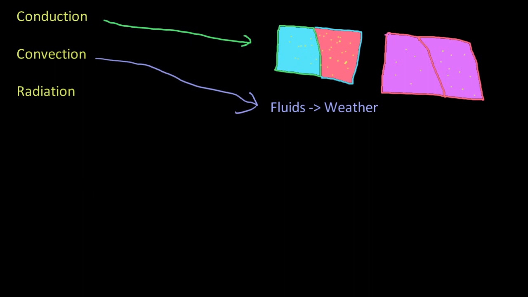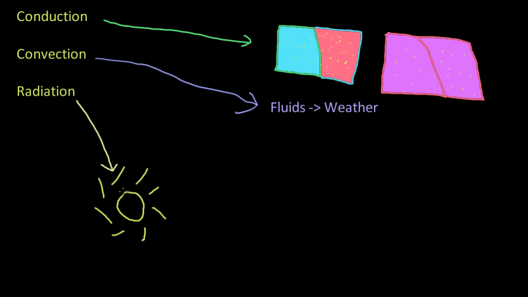And then the last one is radiation, which is when heat is dispersed through space, and the best example of radiation would be the sun.